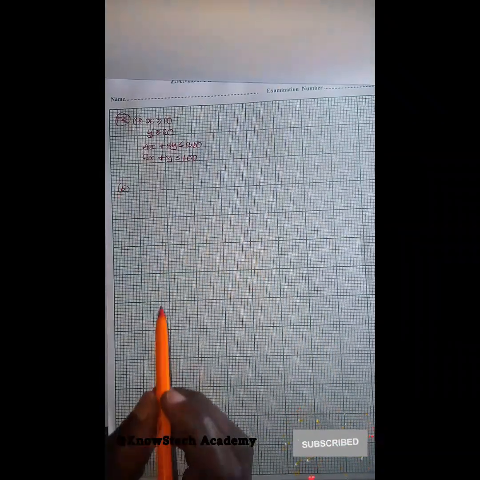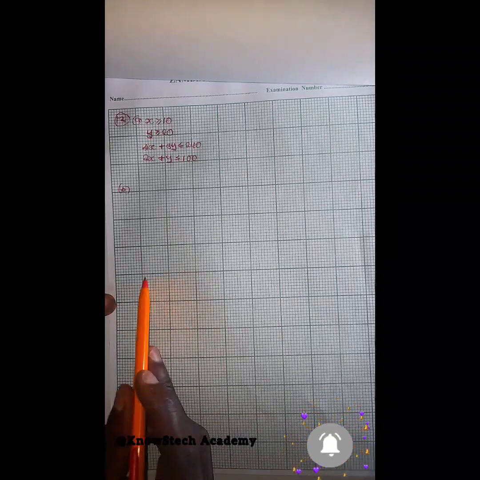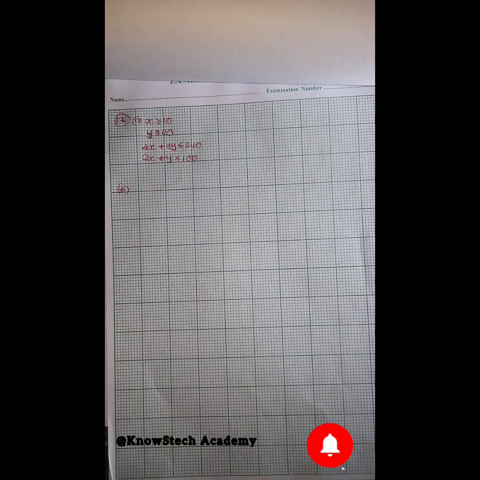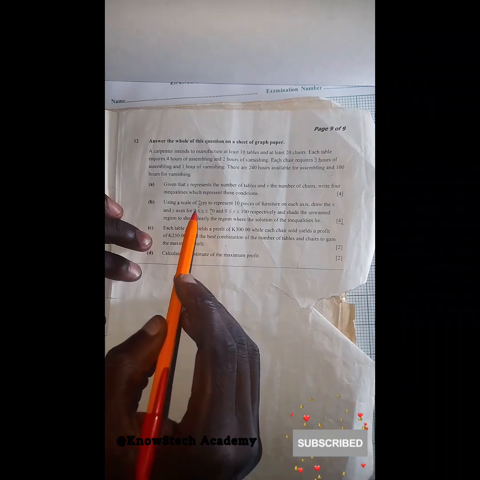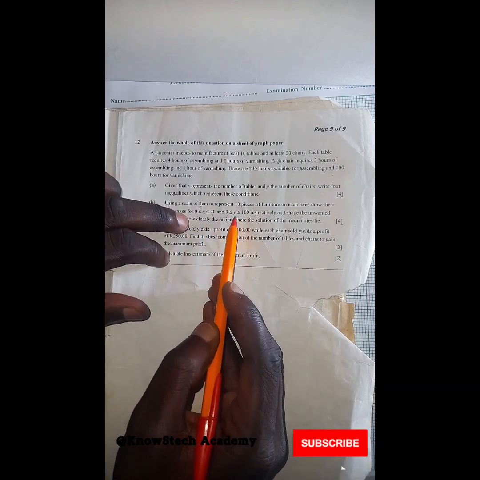So we are told that we should use 2 centimeters to represent 10 units on both axes, and we should draw the x axis from 0 to 70 and the y axis from 0 to 100. Having this information, let's do the needful.